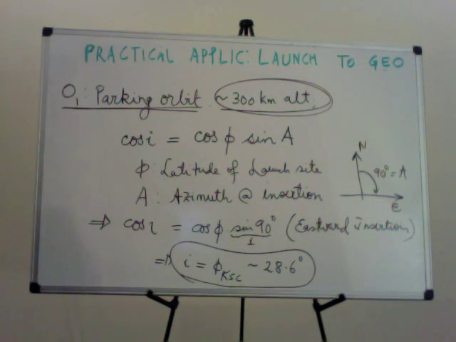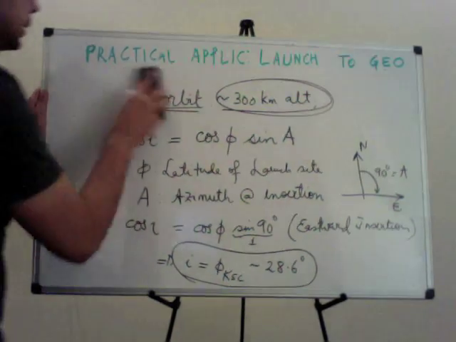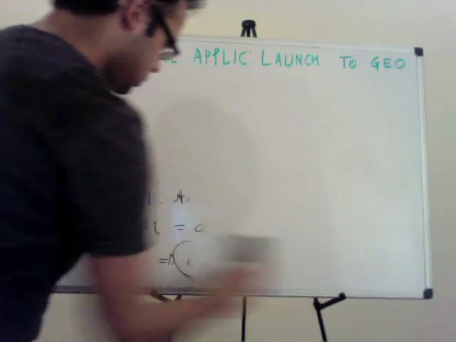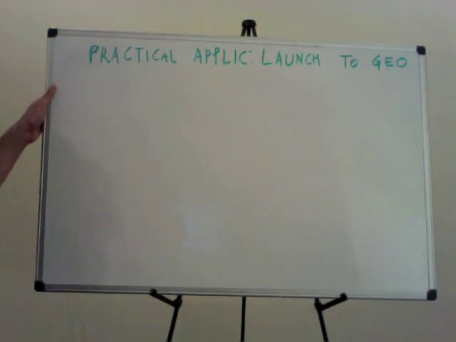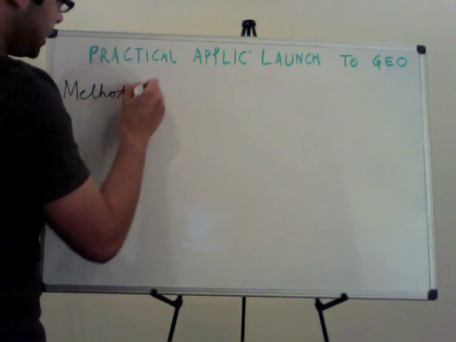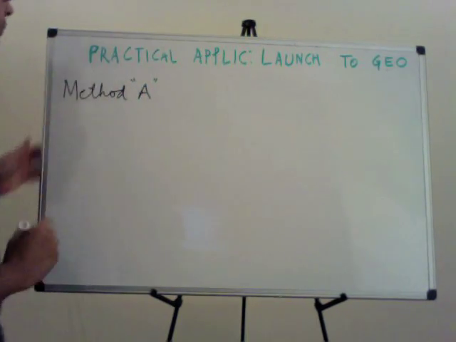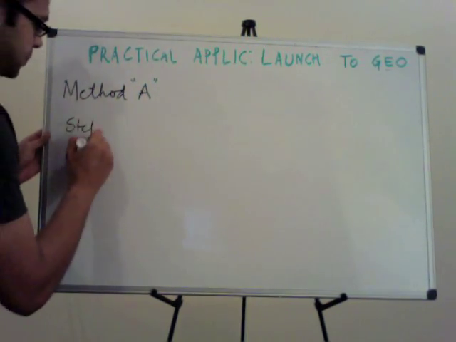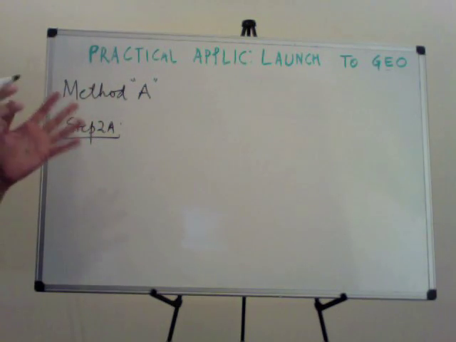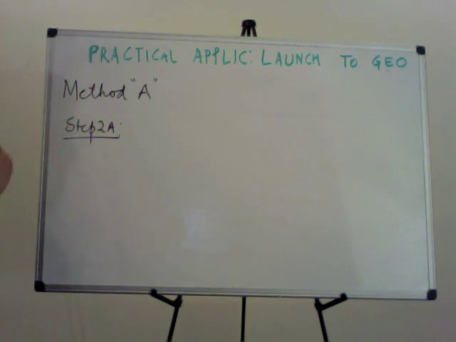And step 3 is to go from O2 to the final GEO. Let me lay out the first method, Method A. Step 1 of method A is to establish the parking orbit.